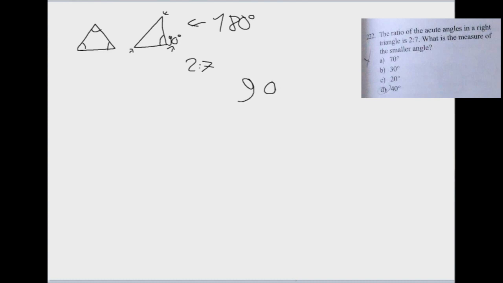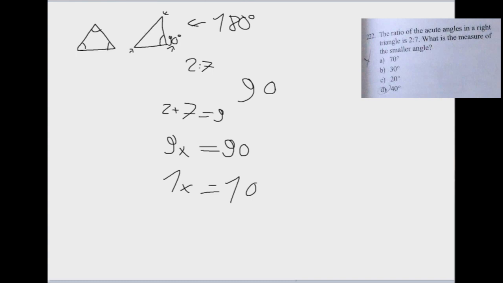And the ratio is 2 to 7, and 2 plus 7 is 9. So basically we have 9x is the same as 90. It's not hard to see that x here is 10. We go back, we divide through 10, we have 1x is 10.